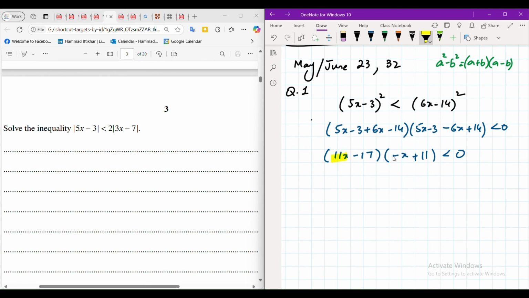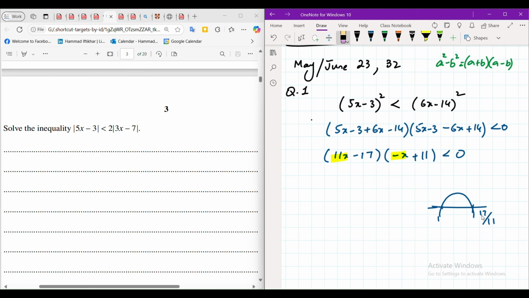When we multiply 11x with minus x, the coefficient of x squared becomes negative. So we have this kind of quadratic inequality over here. One of the roots is minus 11, and the other one is 17 over 11. No, sorry, x is equal to 11.